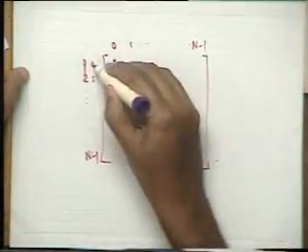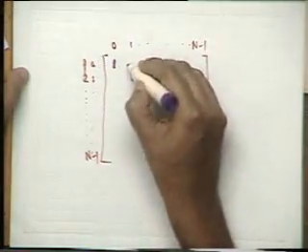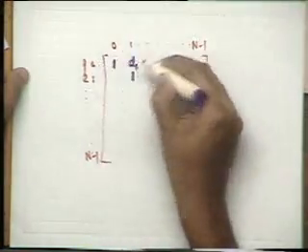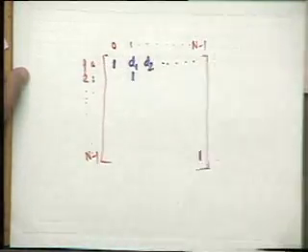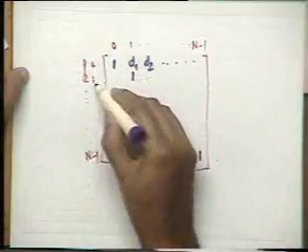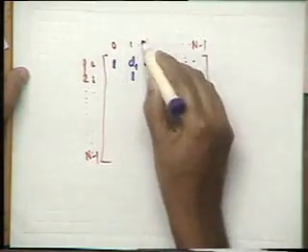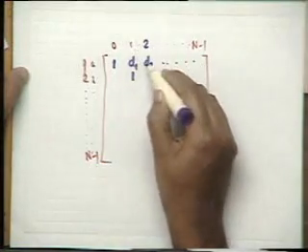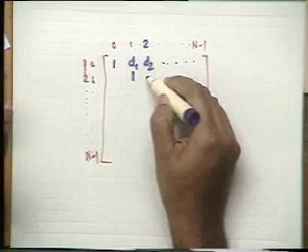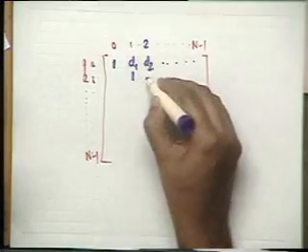Second thing, the correlation between the 0 and 1st pixel is going to be some measure, let's say D1. 0 and 2, it's going to be D2, like this. Whenever I am considering the correlation between the first element and the second element over here, the distance is going to be unity, and for unit distance, the correlation measure is going to be D1.